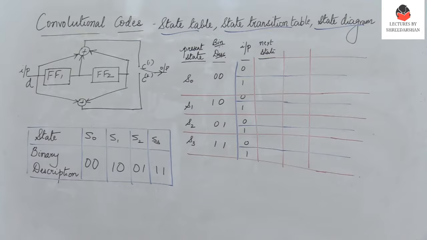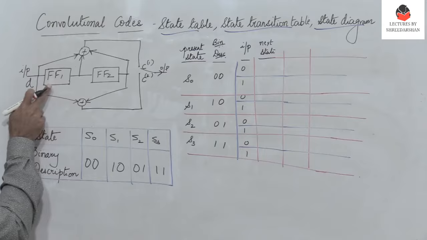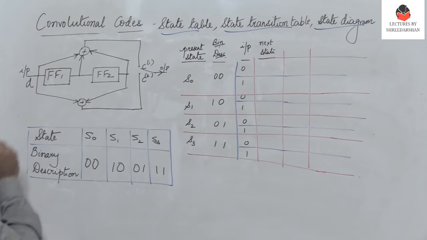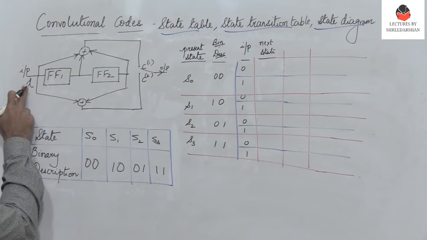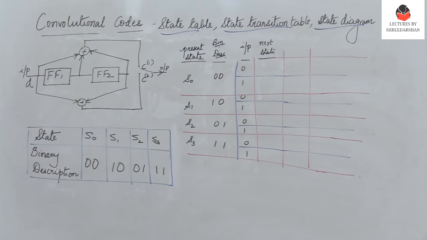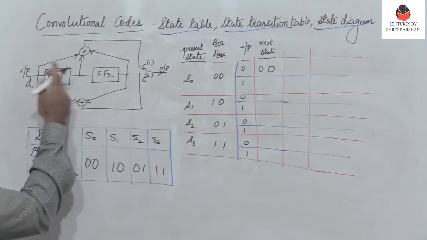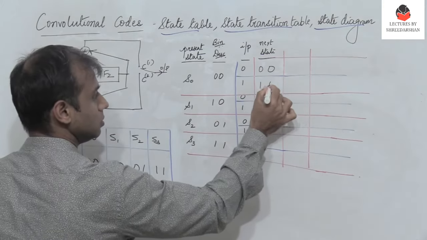So to find the next state, if I feed in an input 0 here, whatever was present as the output of the first flip-flop goes to the next one. So if the input is 0, the next state would be 0, 0. But if the input is 1, the next state would be 1, 0.